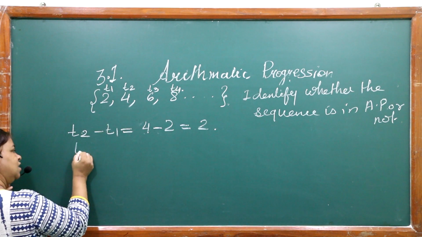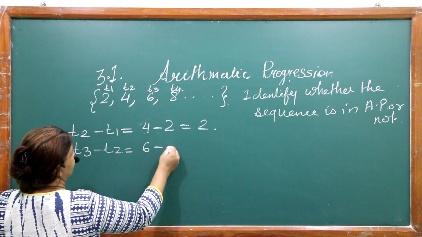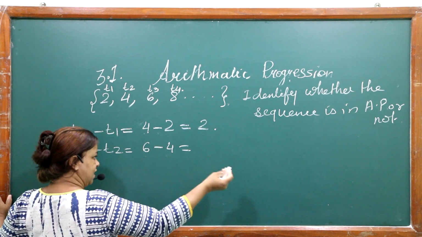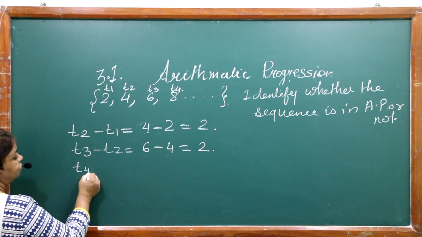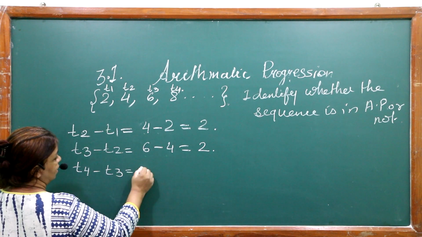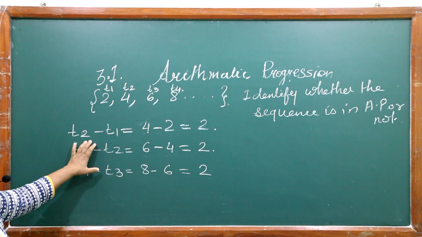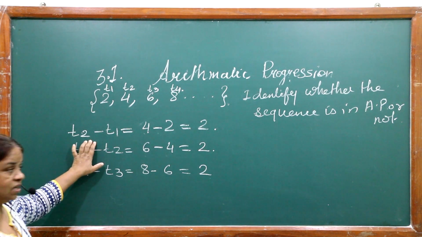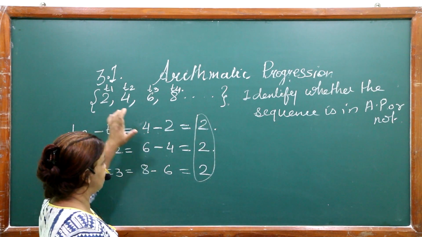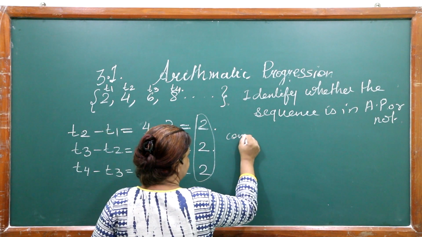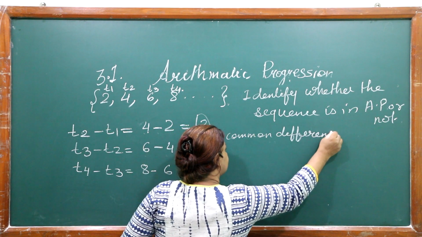Now I'll go for T3 minus T2. T3 is 6 minus 4. 6 minus 4, yes, 2. Then T4 minus T3, 8 minus 6. Every time I take the difference of two consecutive terms, I am getting a fixed number, and that fixed number is nothing but the common difference.